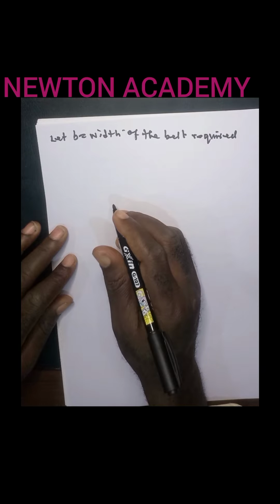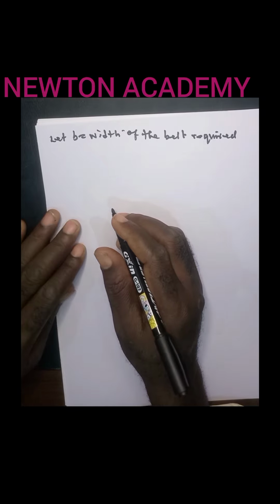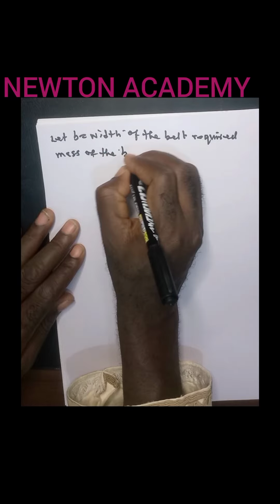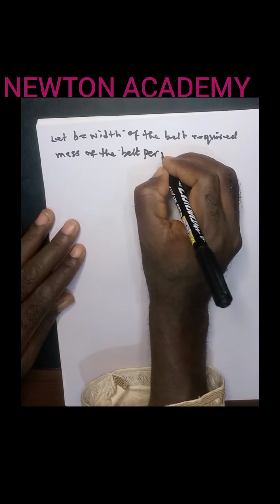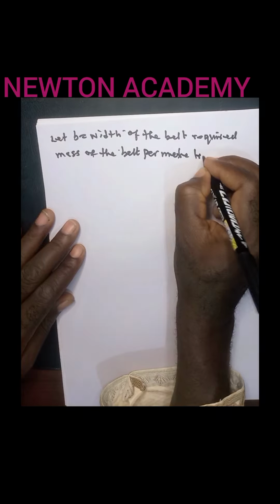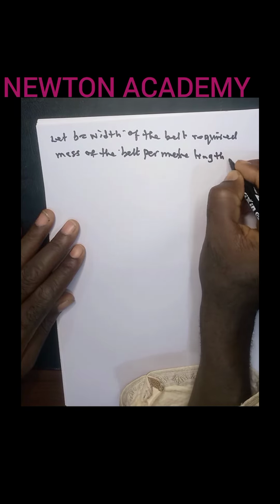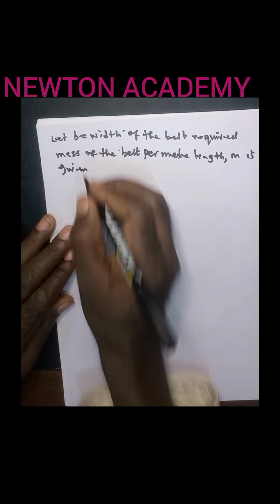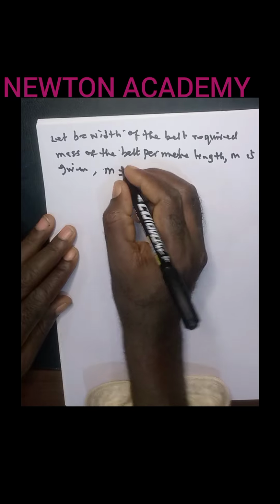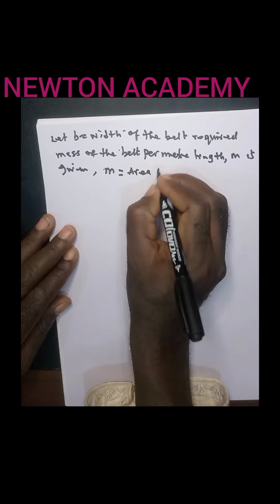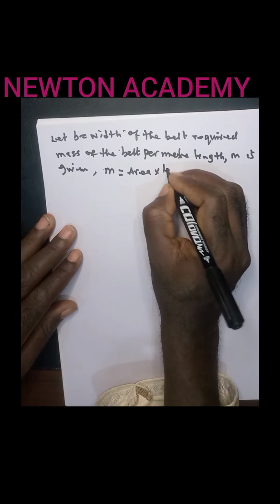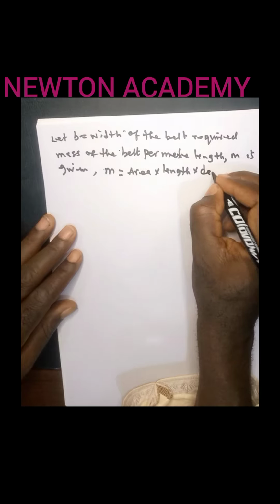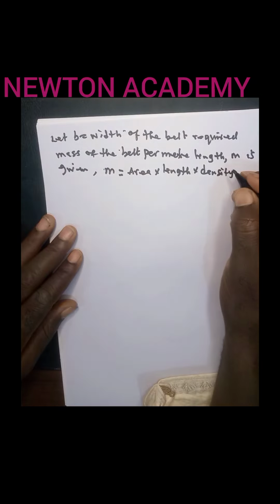Then we know that the mass of the belt per meter length, M, is given by the area of the belt multiplied by the length of the belt multiplied by the density of the belt.